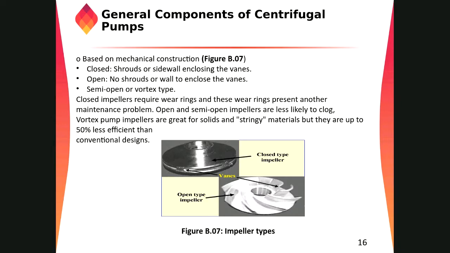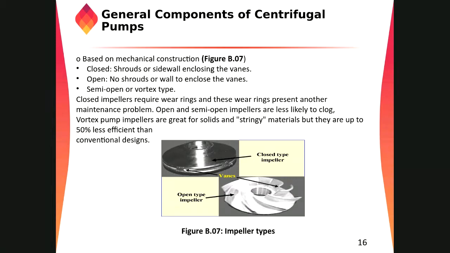The design of the impeller is very critical for getting the pressure and the flow. Suppose we need a higher flow: the higher the flow, the larger the diameter of the impeller. If you need more pressure at higher flow, let's say a 4,000 GPM fire pump at 150 psi, that's a big pump, right?